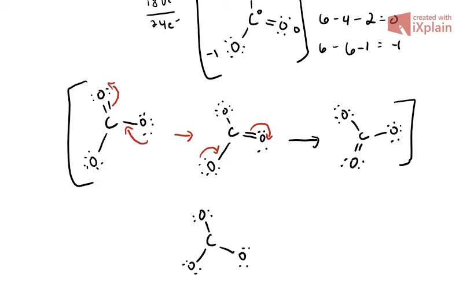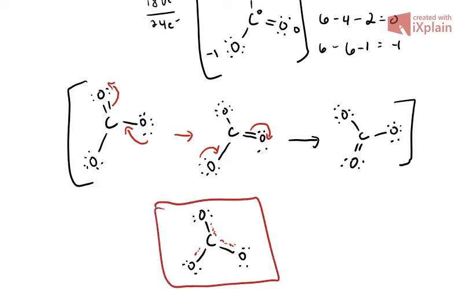Okay, and then there is a partial double bond on each one of those. Okay, those electrons do not stay in one spot. If they have the ability to move, they will. And so, in real life, the molecule looks more like this.